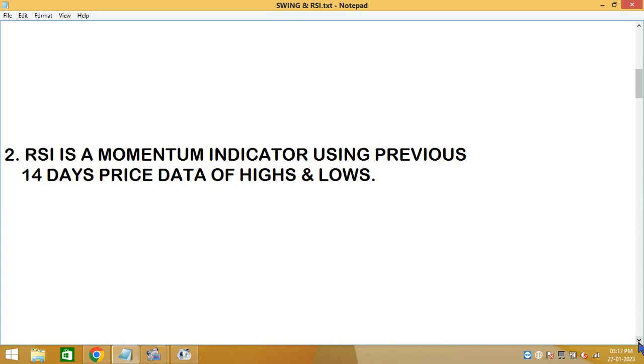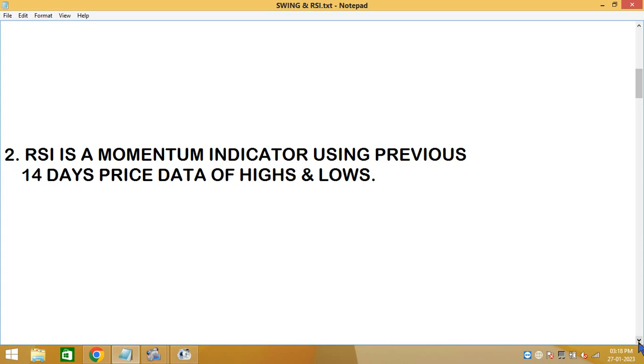RSI is a momentum indicator using the previous 14 days price data of highs and lows of a particular share. This means that whatever price changes have come, by virtue of a formula, RSI is calculated and your computer gives the final RSI indicator, or the data which is required for swing trading.